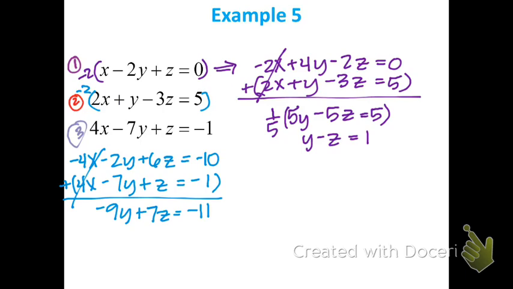Are we good? Okay, and then you're left with solving a 2 by 2 system. So I've kind of done the hard part for you. Solve that 2 by 2 system on your own, and then go solve for x. So solve for y and z, and then go back and solve for x.